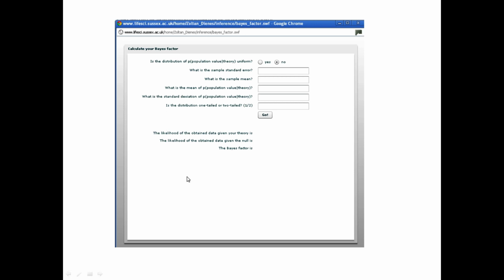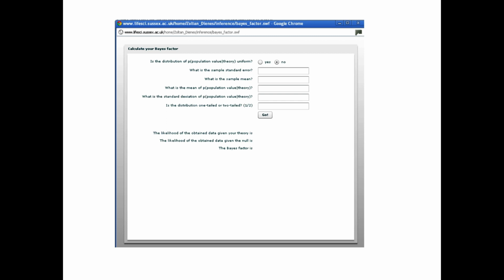Then you're left with just one thing to specify in different cases, and that's the standard deviation, which is the effect size that you've gotten from the previous study or the meta-analysis and so on. So again, you're specifying the distribution, and otherwise you're just specifying 3 numbers: 2 to summarize your data, and then 1 number for your effect size that you've identified from previous work. You click go and you get your Bayes factor out.